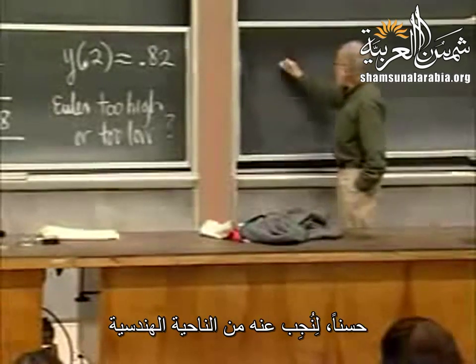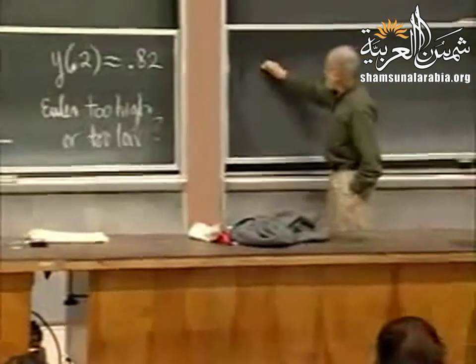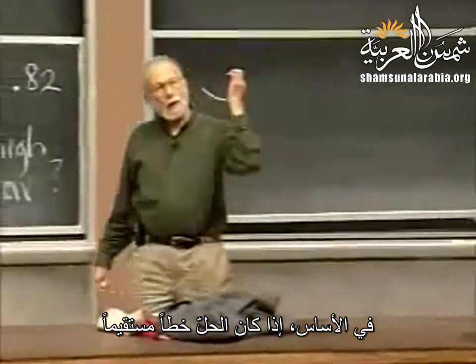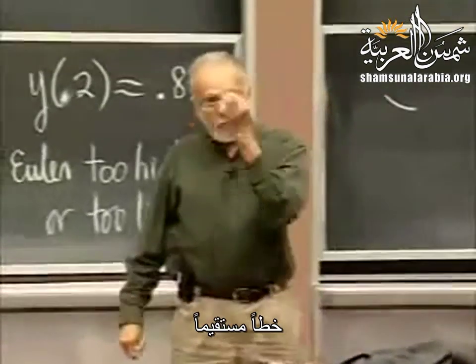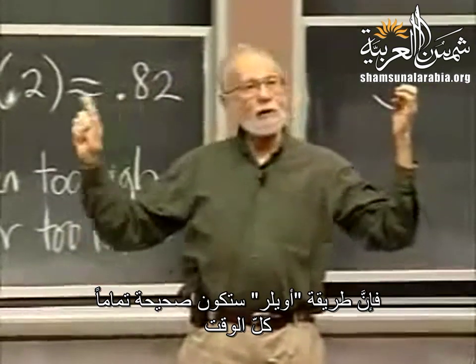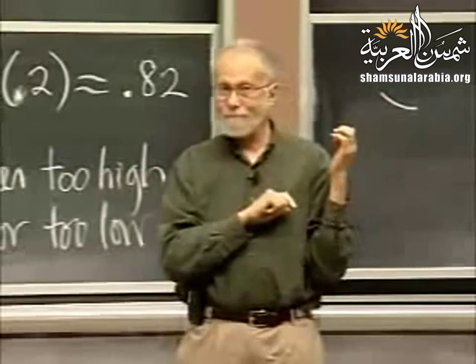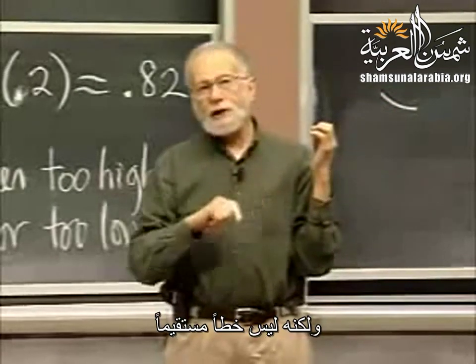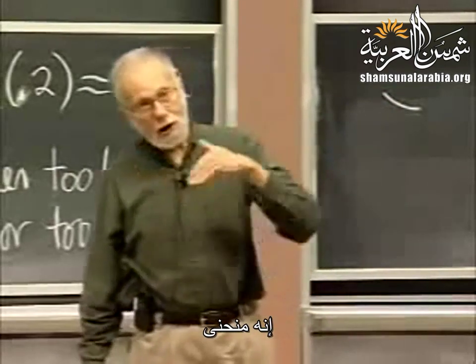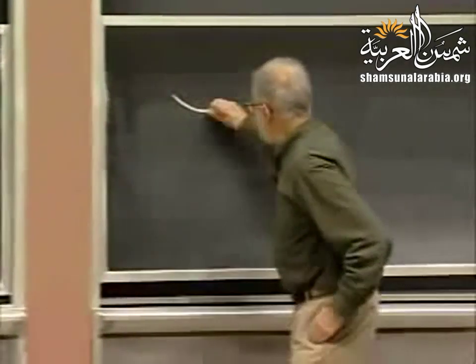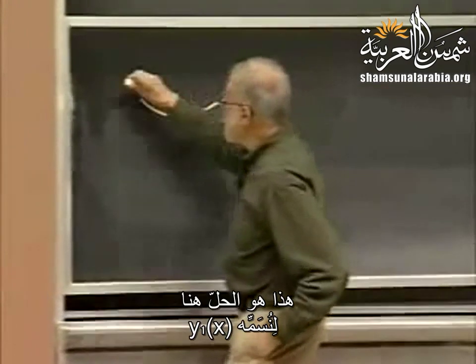And how will we answer that question? Well, let's answer it geometrically. If the solution were a straight line, then the Euler method would be exactly right all the time. But it's not a line. Then it's a curve. Well, the critical question is, is the solution curved? So here's the solution.